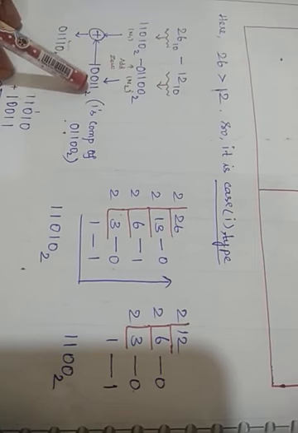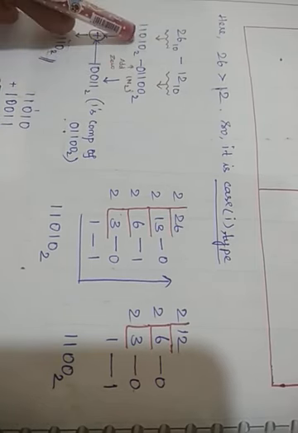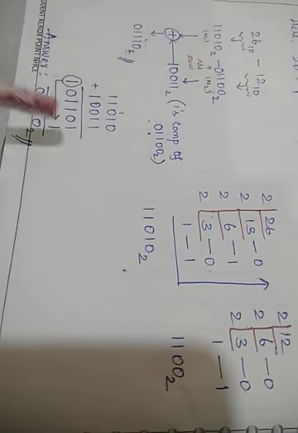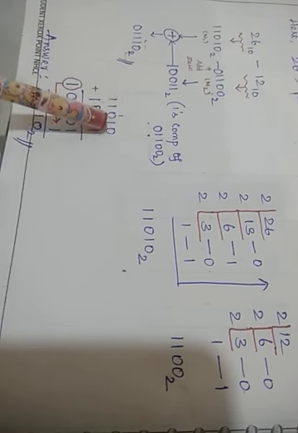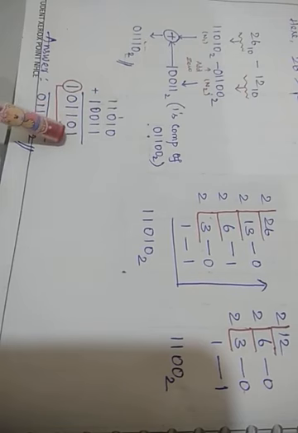So 10011. Then add this with the first number. See, that addition I did here: 11010 and 10011. Add this.